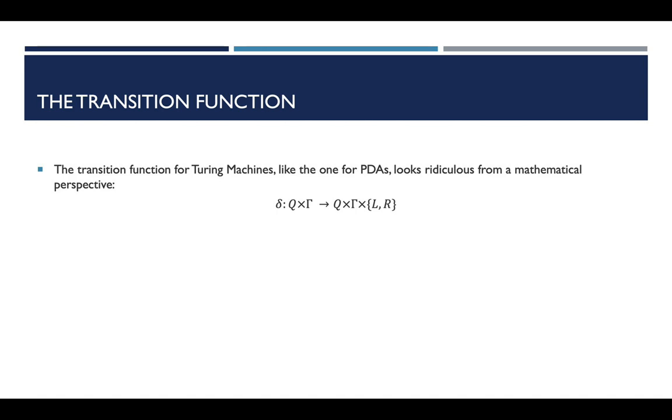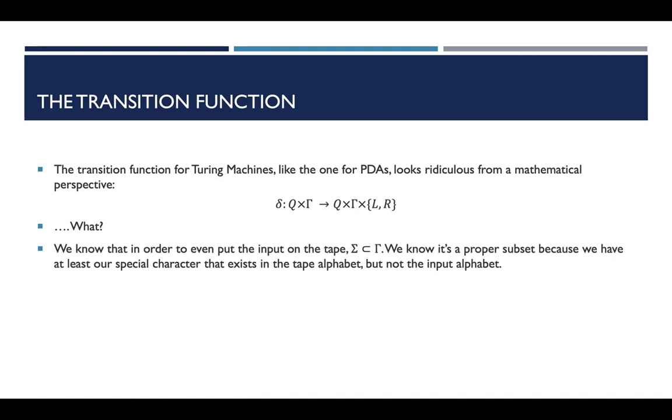So an L or an R indicating that we can go left or right with the read-write head after updating the state and then changing a specific character on the tape. So the obvious question when you see this is, what does any of this actually mean?